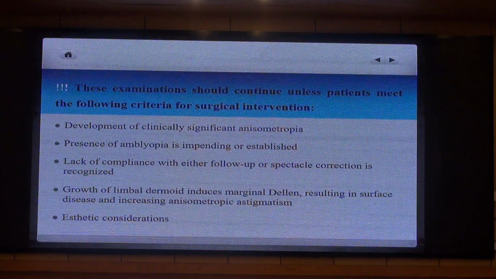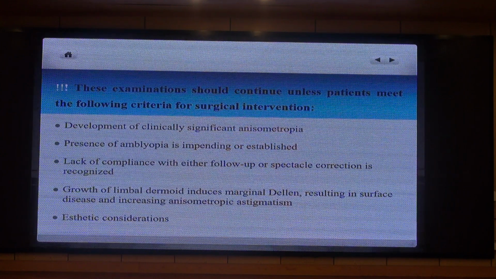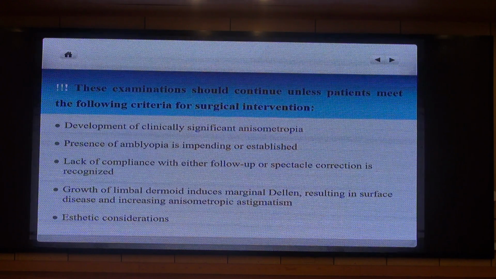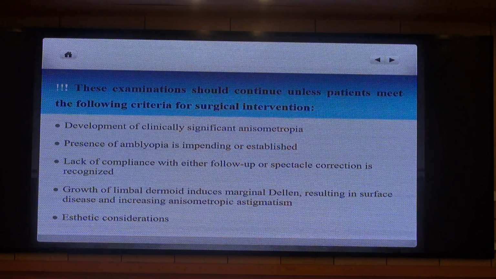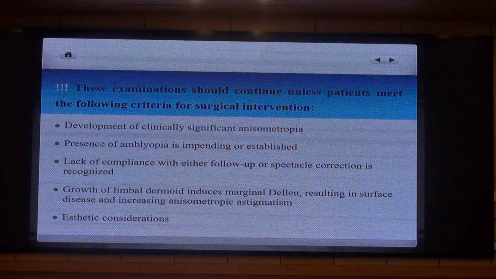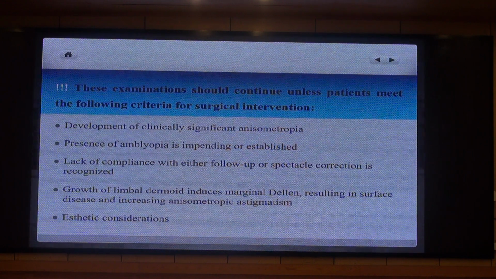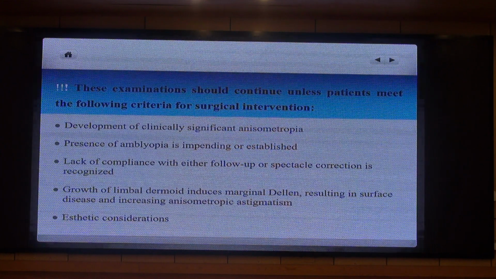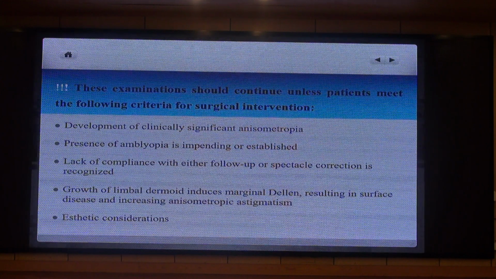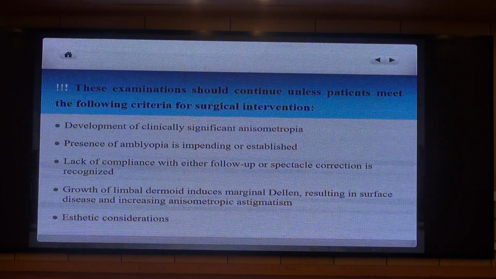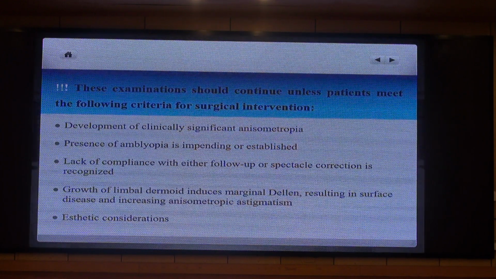The examination should continue unless the patient meets the following criteria for surgical intervention: development of clinically significant anisometropia, amblyopia that is impending or established, lack of compliance with either follow-up or spectacle wear, and growth of the limbal dermoid inducing marginal gland dysfunction, resulting in surface disease and increasing anisometropic astigmatism.